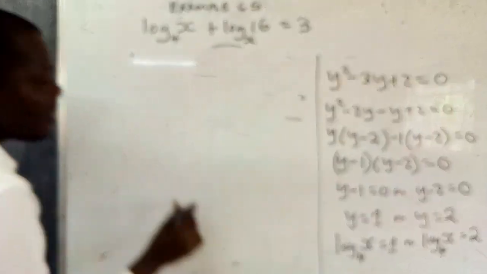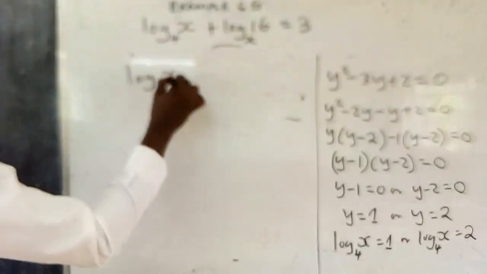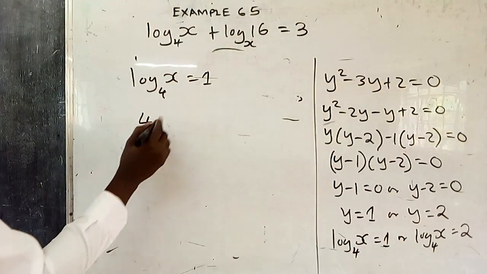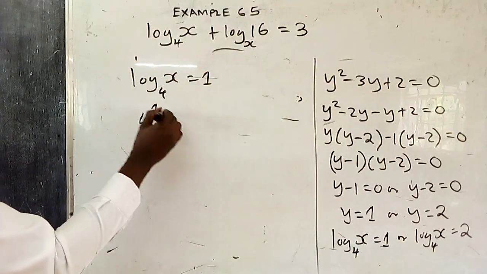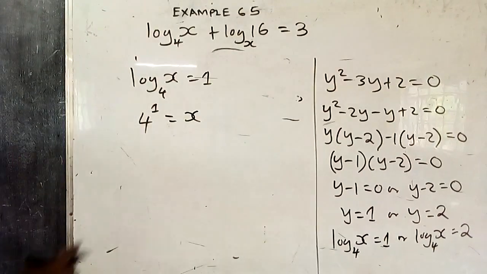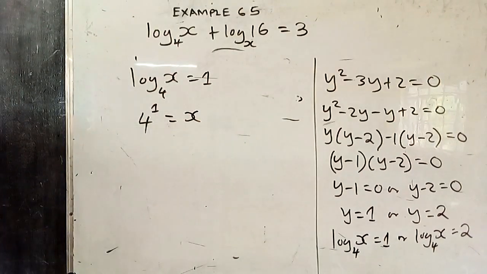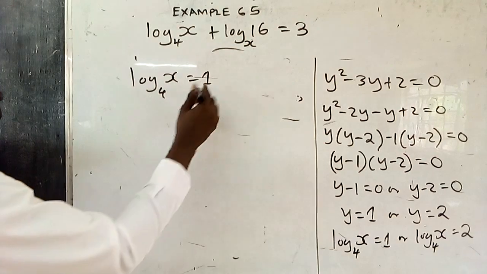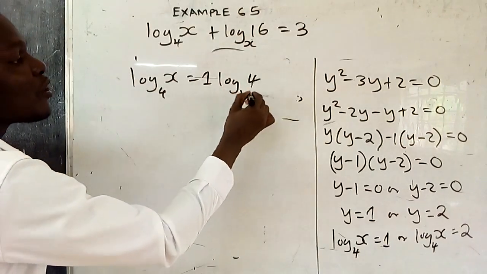Having found that, you now start with this. If you have log x to base 4 equal to 1, see, 4 is the base, 1 is the index, then log of the corresponding number. X is the corresponding number. So you get x is equal to 4 raised to power 1, meaning x is equal to 4, isn't it? See, that's the first method. Another way to get it, if this is base 4, meaning you introduce log 4 to base 4.